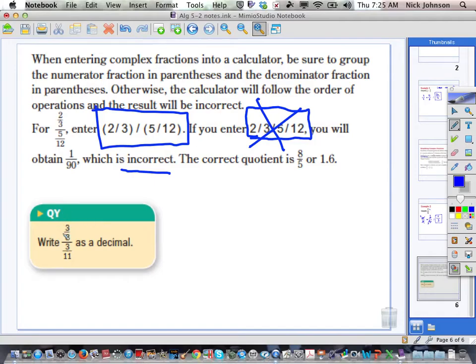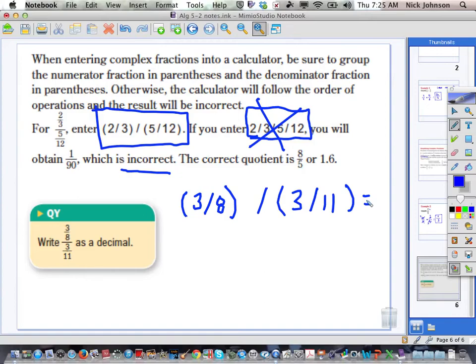So quiz yourself. Write this as a decimal. So how am I going to type it on my calculator? All right, well, parentheses 3 divided by 8, close parentheses, divided by, parentheses, 3 divided by 11. They want us to write that as a decimal. That's important to know.